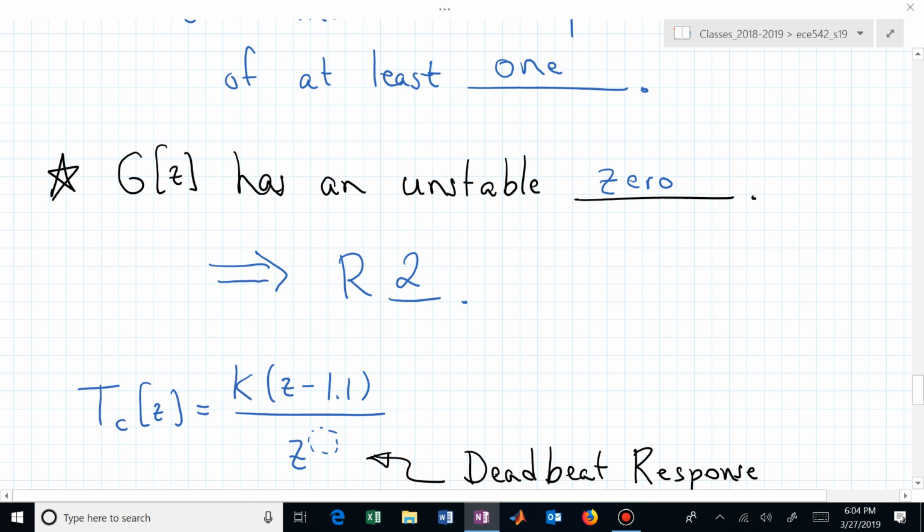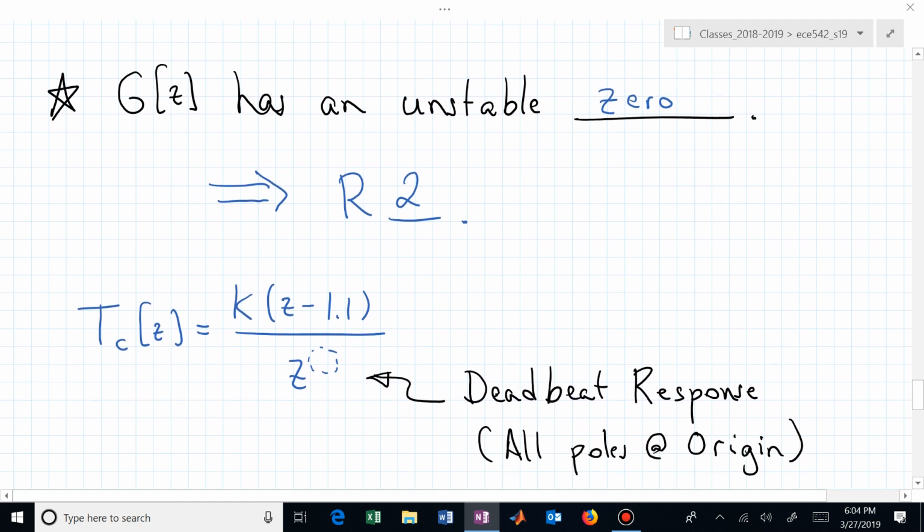And I probably said in problem number 4 I want a deadbeat response, so I'm putting all of my poles at the origin. But what's in this cloud, since everybody goes to the cloud for a lot of answers these days, now that cloud is the exponent on Z. What's in that cloud? 1, 2, 3, 4, 5, 6, 7.